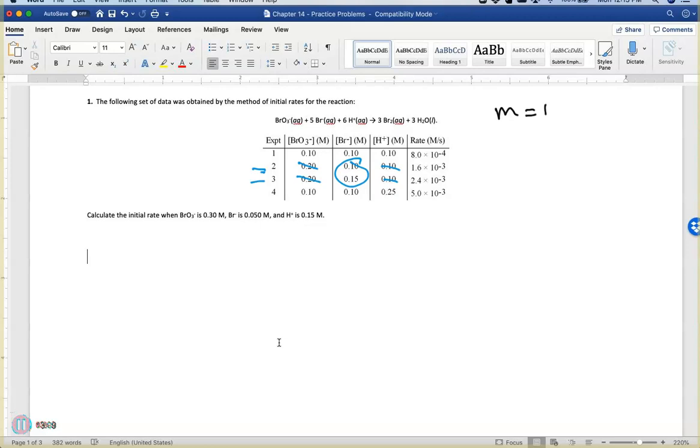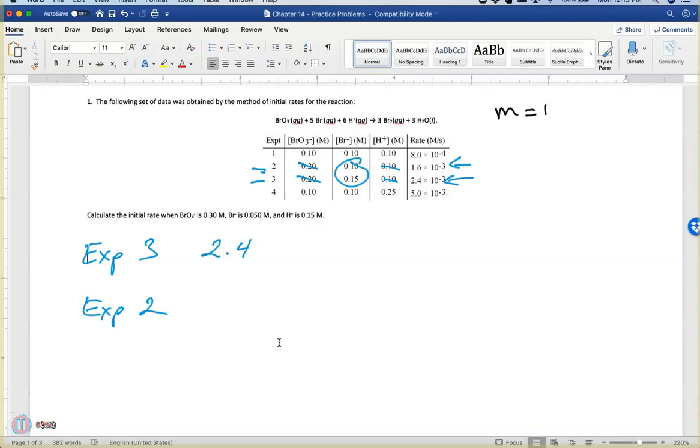And so those are the two we're going to want to compare. I take a look at the rates. Which one is larger? Experiment 3 is larger. Makes my math easier. I'll put experiment 3 over experiment 2. Other than making my math easier, there's no difference. You can do what you want, but I recommend this way.